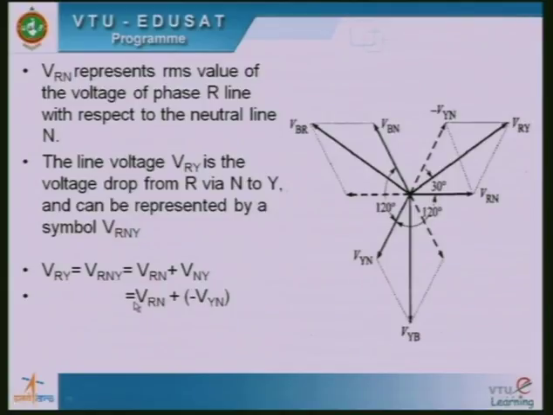I have already told you that in three phase systems, or in AC systems, unless otherwise mentioned, all these voltages we have to consider to be phasors with a magnitude and a direction. Now I am just adding VRN and minus VYN to get the voltage VRY. Okay. So this is what you have.